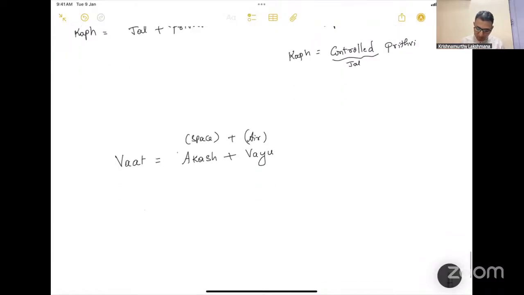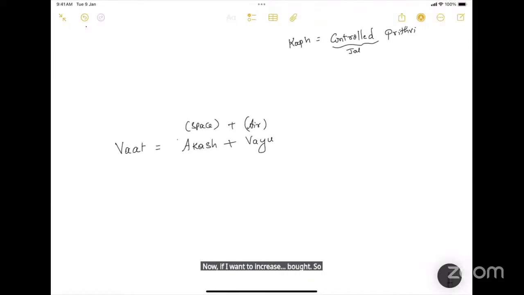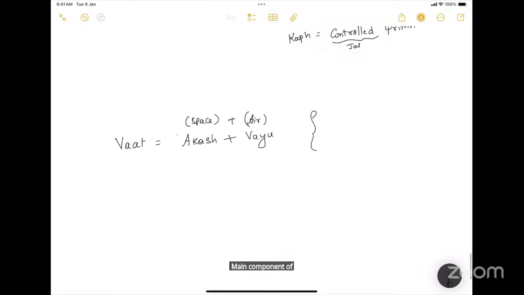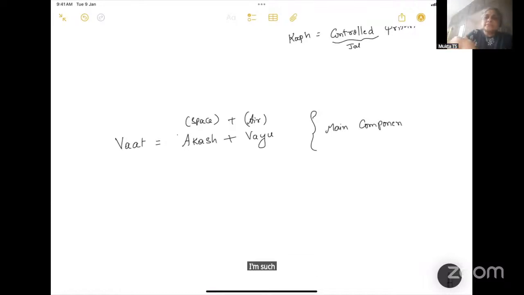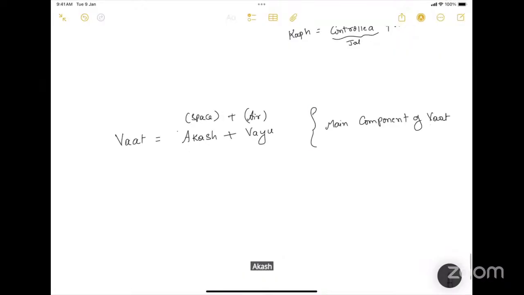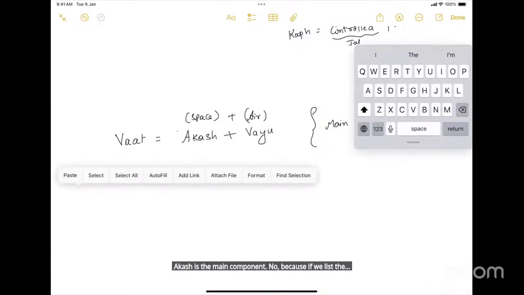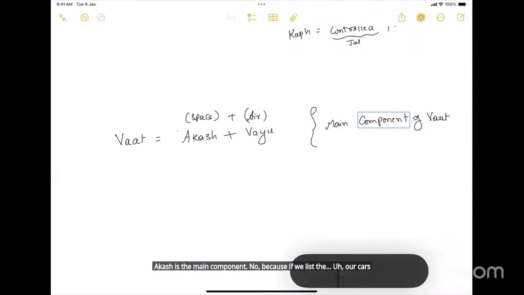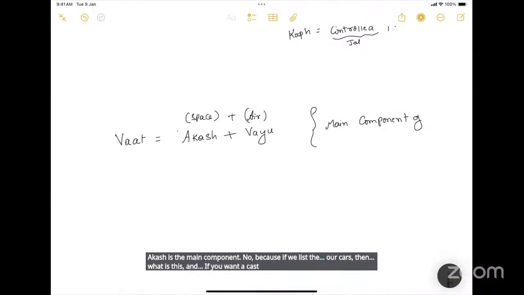Now, if I want to increase Vat, who is the main component of the Vat? Vayu or Akash? Akash. How? Akash is the main component, because if we reduce the Akash, then Vat is less, and if you increase Akash, then Vat is more.